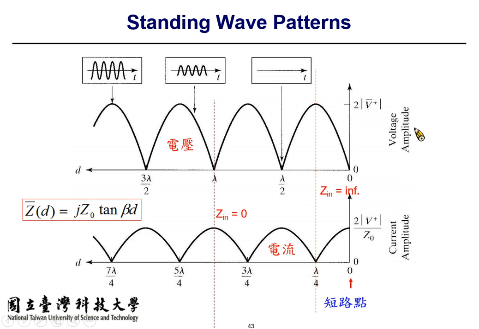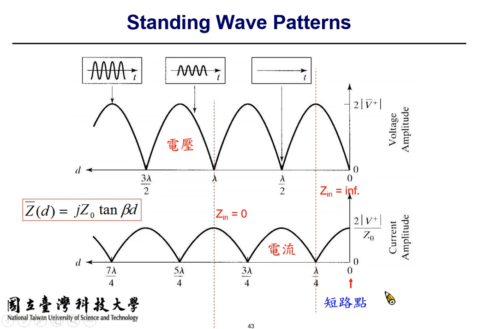Okay, so you can use this plot and move along the line to a different position. If you observe the input impedance at d equal to 0, that is the right end of the transmission line, then the input impedance will be 0 over infinity.